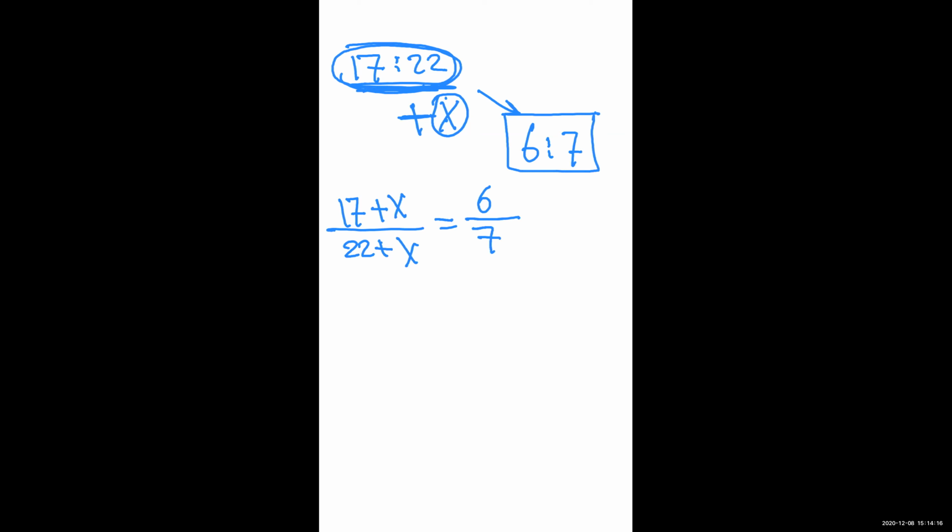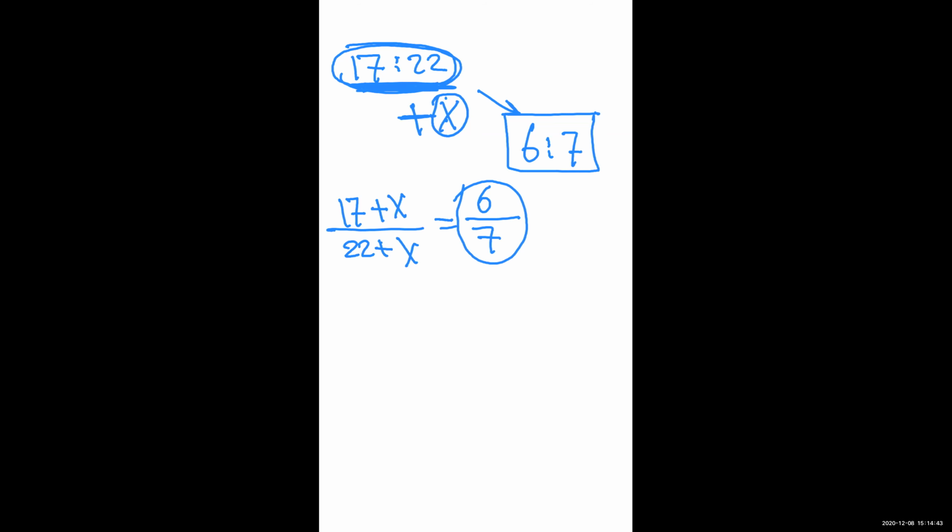Without x, we have 17 and 22. Now we have to add x to both of the two terms, 17 and 22, so that it will become 6 over 7. So 17 plus x and 22 plus x. Okay, then what will be the next step?